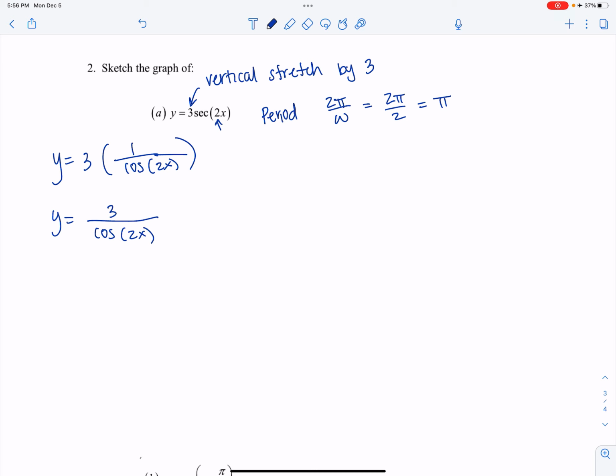Writing it this way not only helps us when we calculate them, but we can also put them into our graphing calculators this way. So when you're double checking, go ahead and put in 3 over the cosine into your calculator to double check that your graph is coming along the right way. Okay.